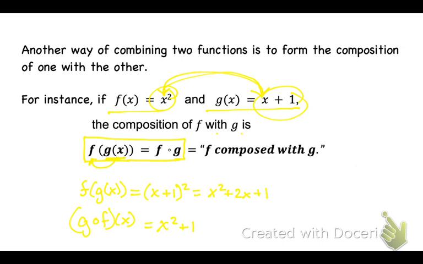What's 2 times 3? 6. What's 3 times 2? 6. That's commutative. Is f of g and g of f the same? No. So is composition of functions commutative? No. So I'll know whether you do it right or wrong, because you won't get the same answer. The only time you do is if they're inverses of each other, and then we're going to do that tomorrow.